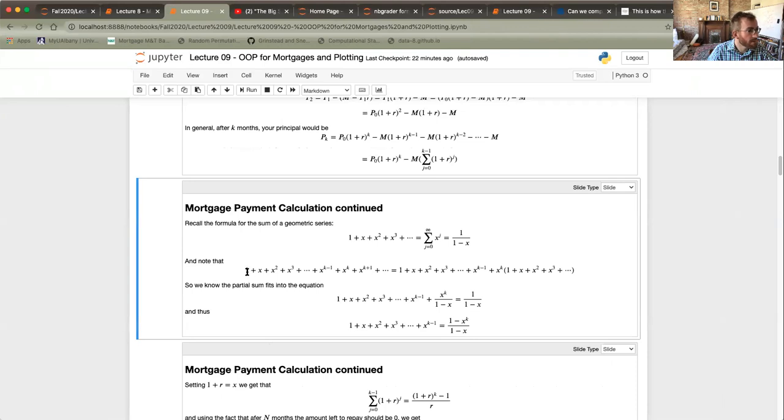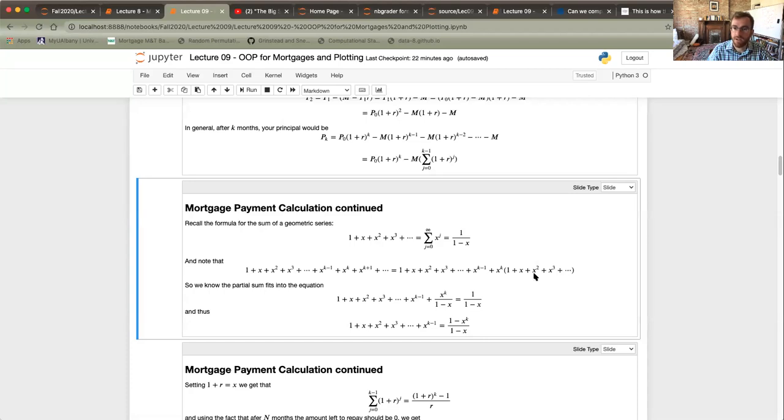So remember, if I have 1 plus x plus x squared all the way up to x to the k minus 1, and then I have x to the k plus x to the k plus 1 on through infinity, I can rewrite that and pull out an x to the k from this term and all higher terms. So that means I've got the partial sum from 1 up to x to the k minus 1 plus x to the k times 1 plus x plus x squared plus x cubed on to infinity.